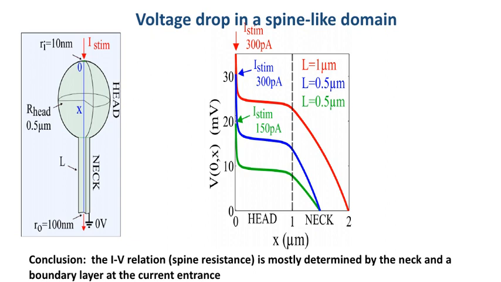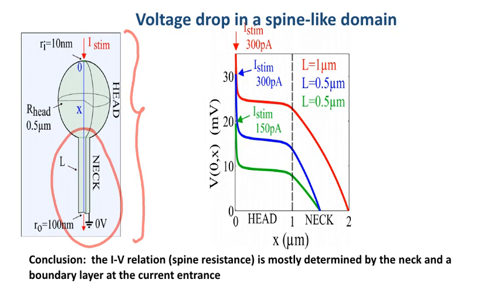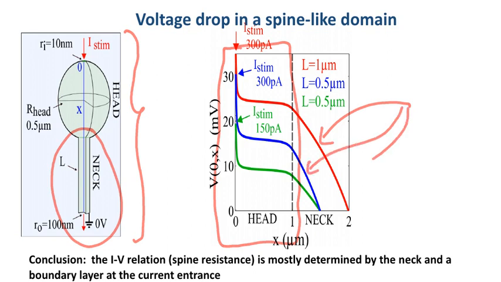Then we repeated a similar simulation, but this time we added a spine neck. We have already discussed in the previous slide this case where we are inside the head. And you can see here the effect of adding the neck. Basically it creates a large difference of potential.